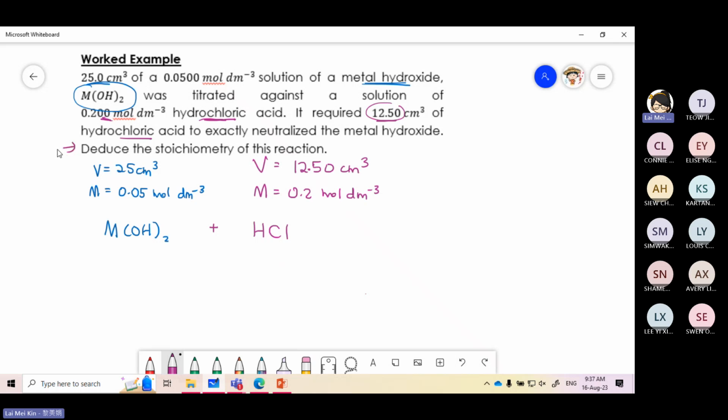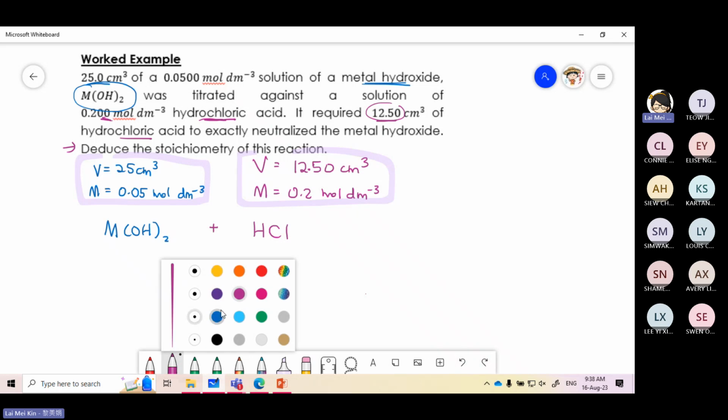When you deduce the stoichiometry, definitely the information will be complete, because you need the complete information to find the number of mole. If it is a neutralization reaction, do you remember what will be formed?